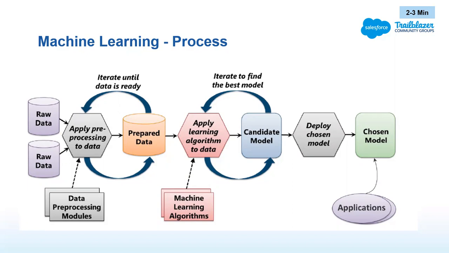You have collected a lot of data, and that's raw data, and that data is pre-processed, right? You have to have clean data to make a fair judgment about the data or make predictions.